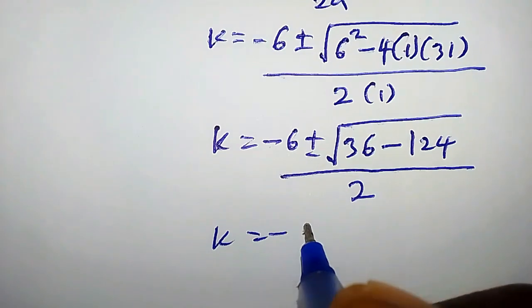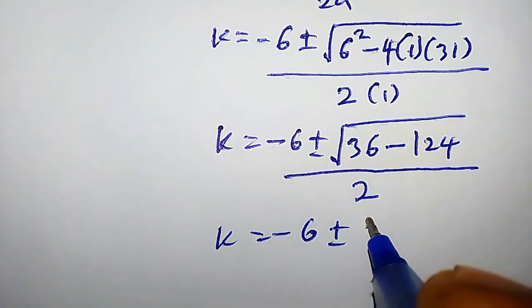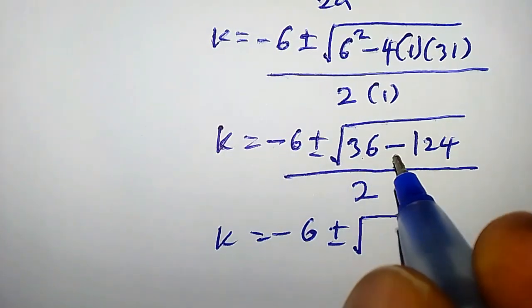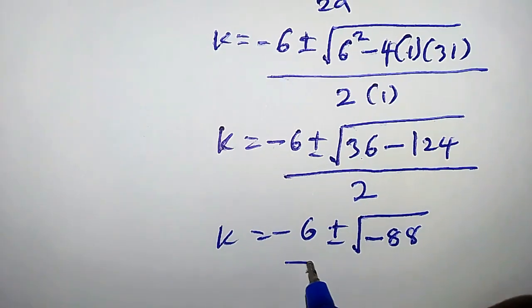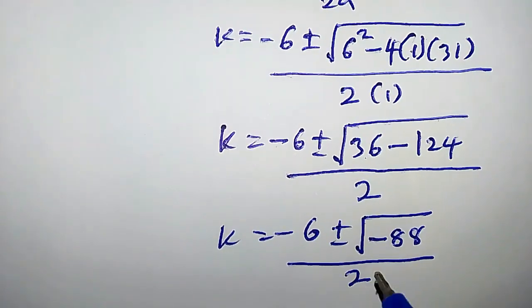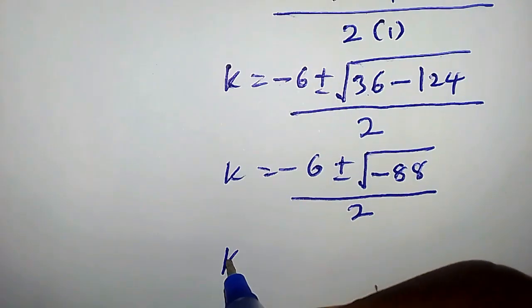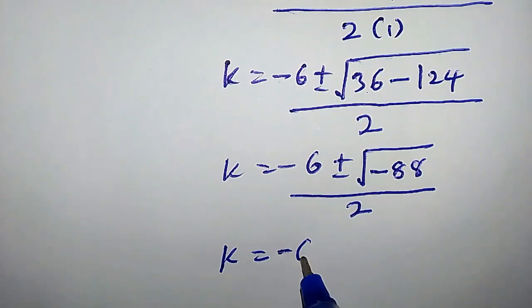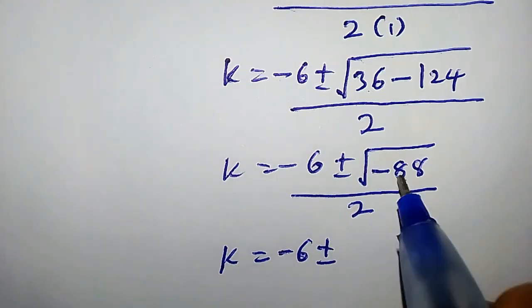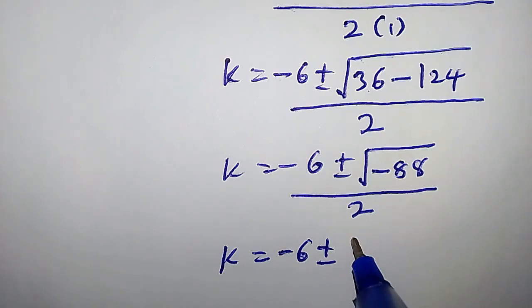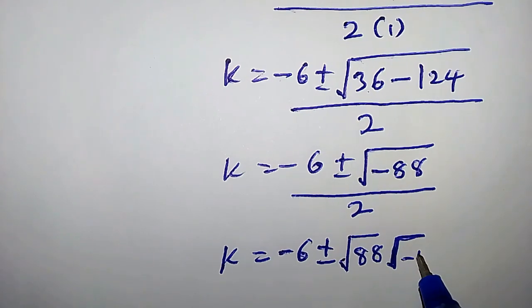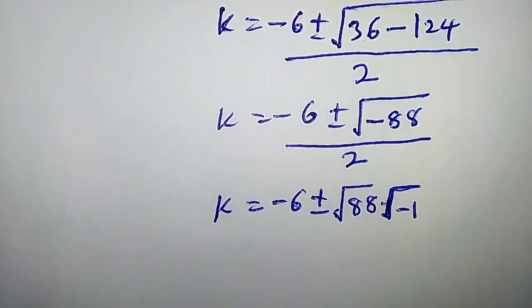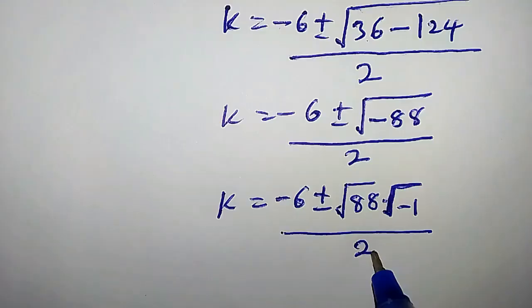k equal to minus 6 plus or minus square root of 36 minus 124, that is negative 88, divided by 2. Let's proceed further. k is equal to minus 6 plus or minus square root of minus 88, which could be written as square root of 88 times square root of negative 1, divided by 2.